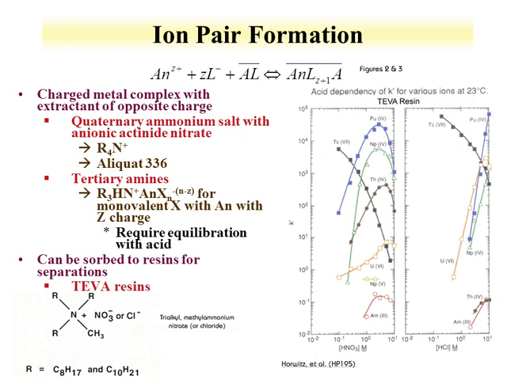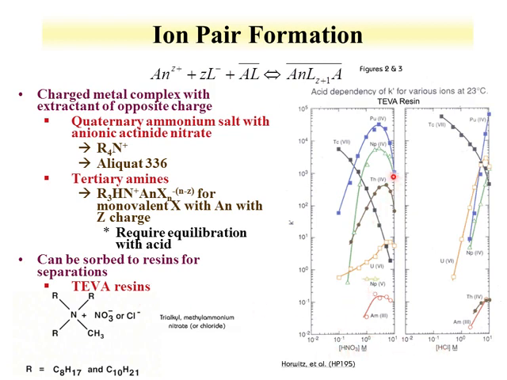These ligands can also be sorbed to resin systems. For instance, the TEVA resin uses an amine system, which can have nitrate or chlorides. You can pass over an ionically charged actinide species, for instance, actinide chlorides, actinide nitrates, which are shown here.